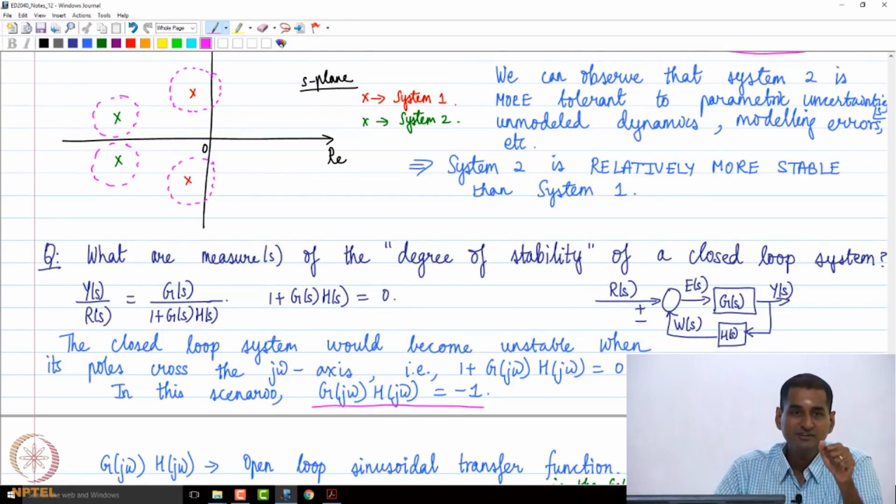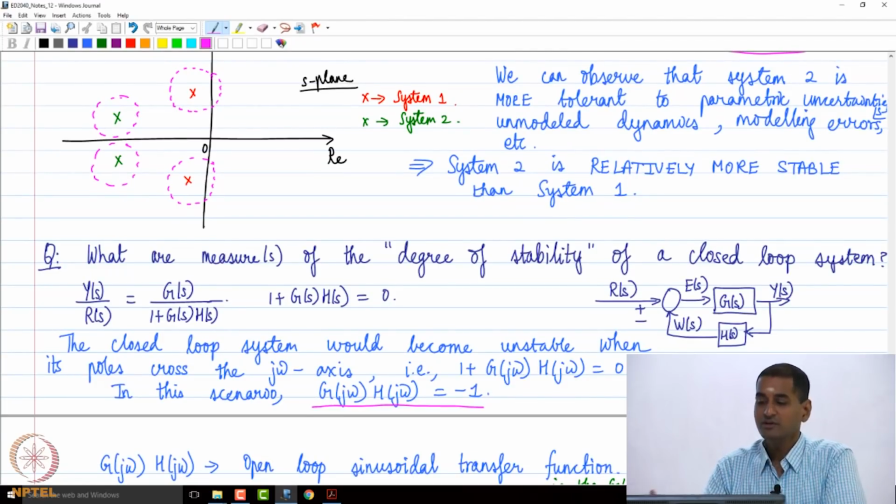Even in the Nyquist stability criterion, we are looking only at the open loop transfer function. Even here, I am looking only at the open loop transfer function, not at the closed loop transfer function. So you don't even need to calculate the closed loop transfer function. You give me the open loop transfer function, I can analyze its Nyquist plot and then tell you some information about the closed loop system. That is the impact here.